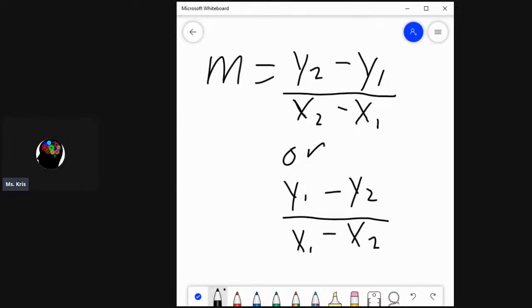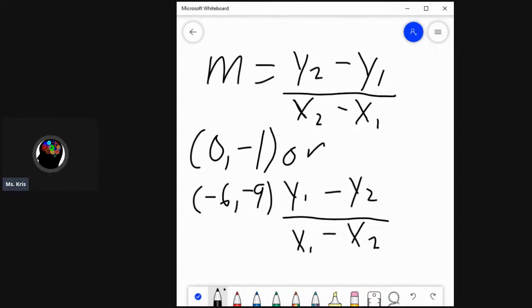So whenever you're trying to find your slope with 2 points, this is the formula you use. For example, 0, comma, -1, and -6, comma, -9. Now, you must label both of these points so that you know which one's going to be x1, y1, and which one's going to be x2, y2.